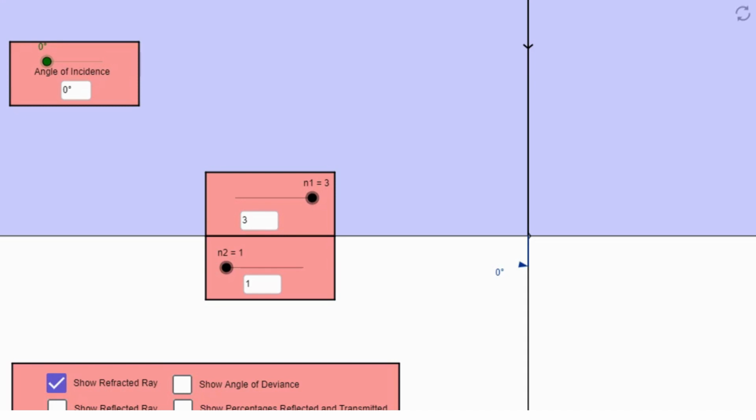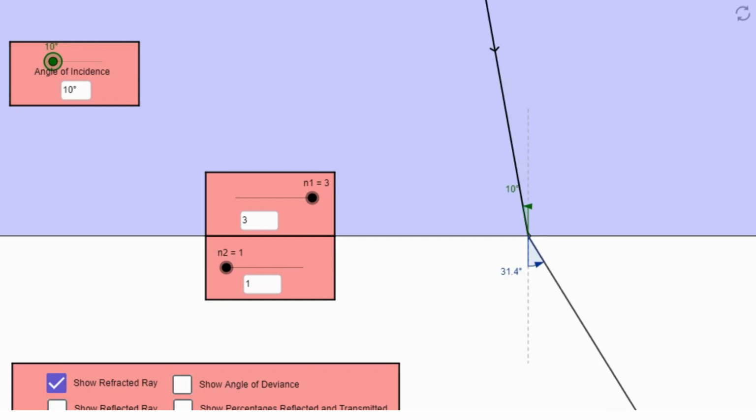Now let us try to increase the angle of incidence. Now observe, the angle of incidence is 10 degrees. In this case, the light is transferring from denser to rarer. So when it is transmitted from denser to rarer, we observe from this simulation that the angle of refraction is greater than the angle of incidence, 31.4 degrees angle of refraction.